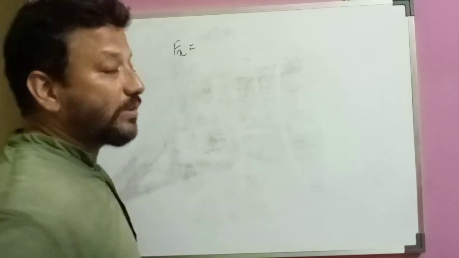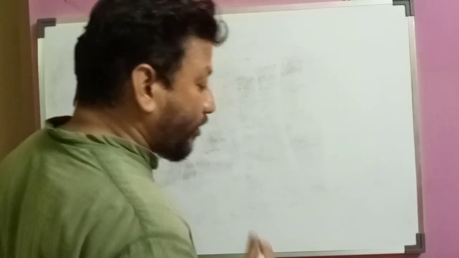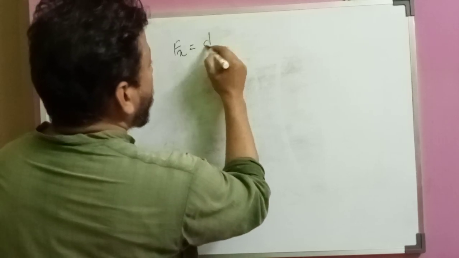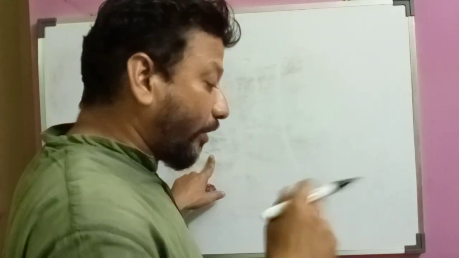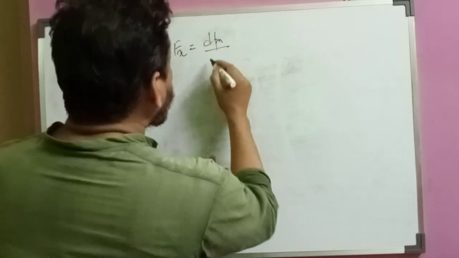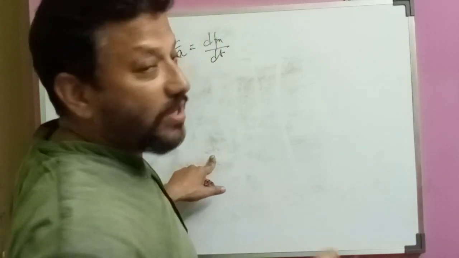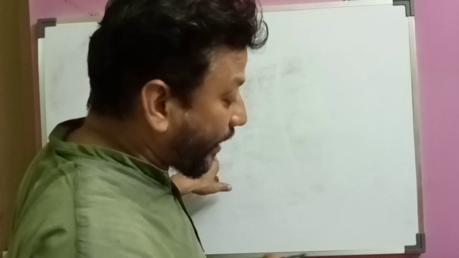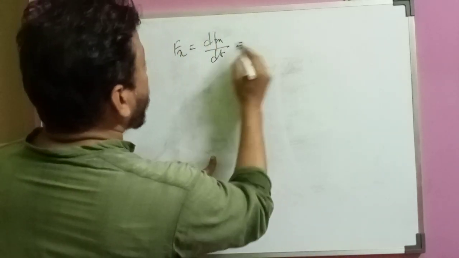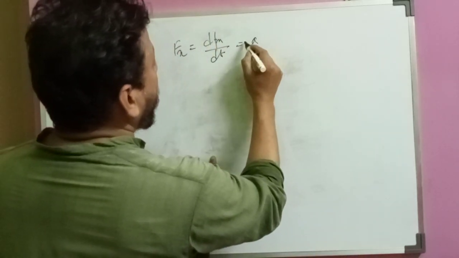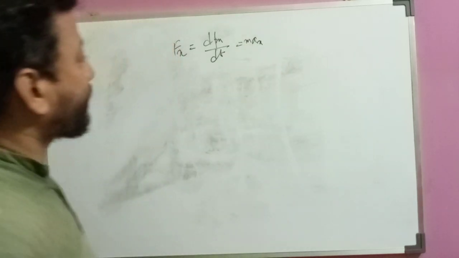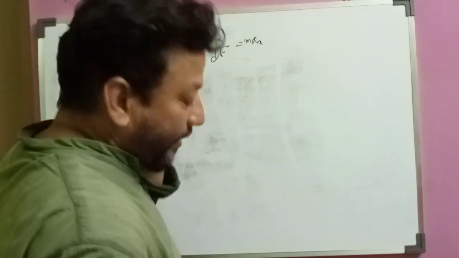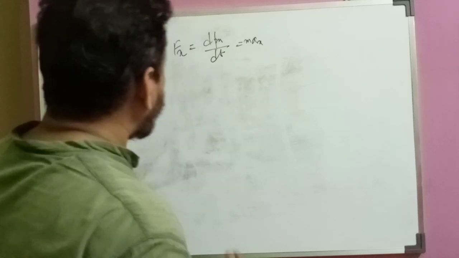Now this Fx we can also write as a derivative: dPx with rate of change with respect to time, since nothing except time can be used. So we get mass with acceleration.